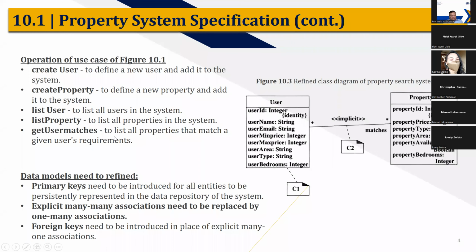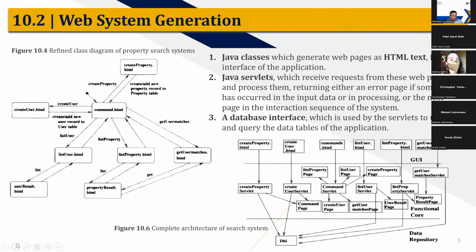For example, we have the property type, property name, property address, but also we want to specify the property descriptions, property amount, and others. So we have interlinkages between the primary keys and the foreign keys. And okay, next is the web systems generations.